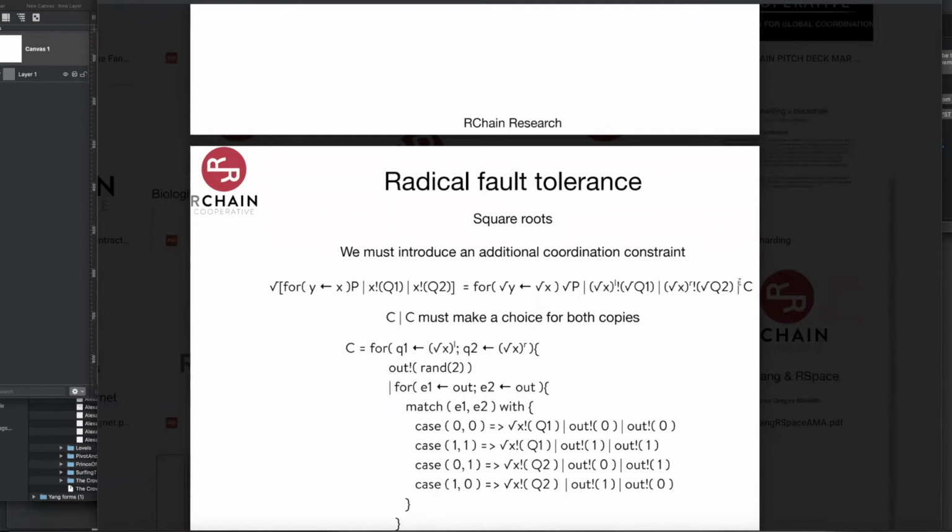This notion of Casper is slightly different than the one we've got, right? So again, I'm slowly going just from a basic rho calculus, simple-minded approach to a leaderless distributed consensus mechanism.